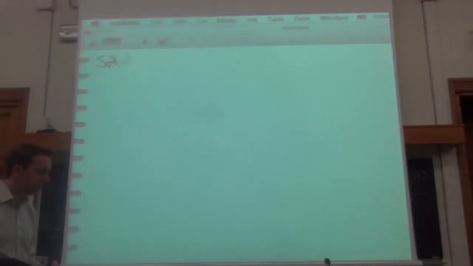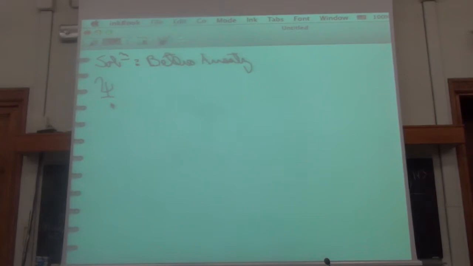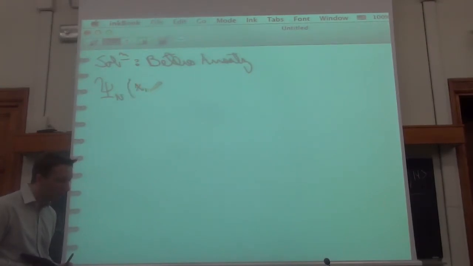So the solution is the Bethe ansatz that the n particle, so let me actually write even the final form after we've re-extended it to the whole of Rn. Okay, so here there's a psi n, which depends on n coordinates and n momenta. Okay, and this is, well, let me specify it. So this is going to be in the whole of Rn.